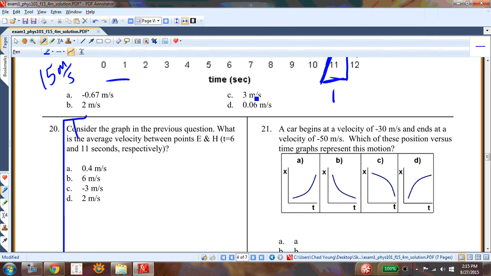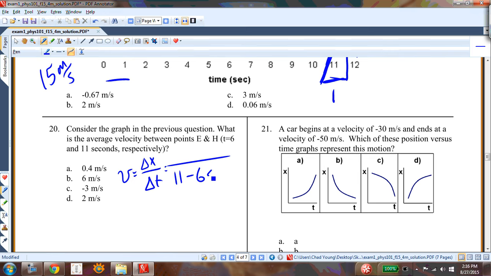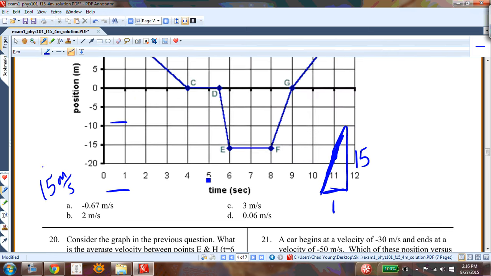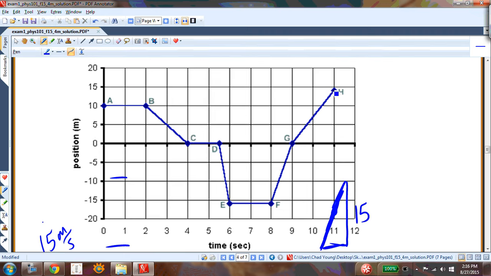Okay, consider the graph in the previous question. What is the average velocity between points E and H? Remember, average velocity is just delta x over delta t. E and H is between 11 and 6 seconds. At 11 seconds, it has a position equal to, looks like, 14 or so.